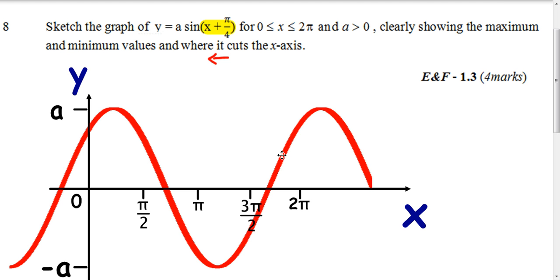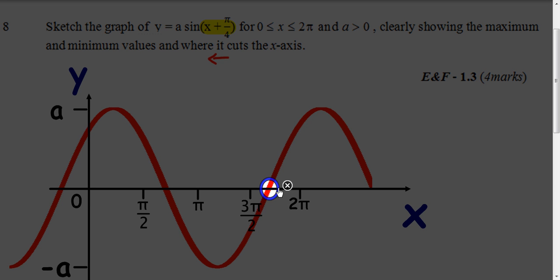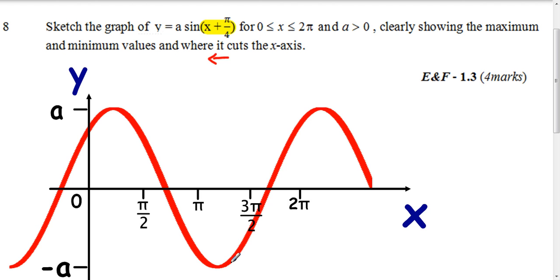What we must now do though, we must get this here, this here, this here, and this here. We must get all these values and write down what they are.